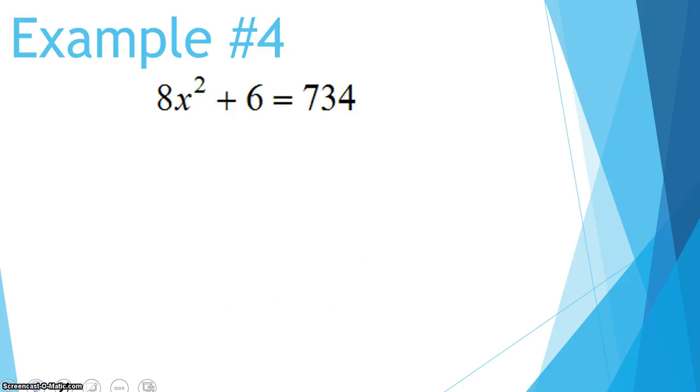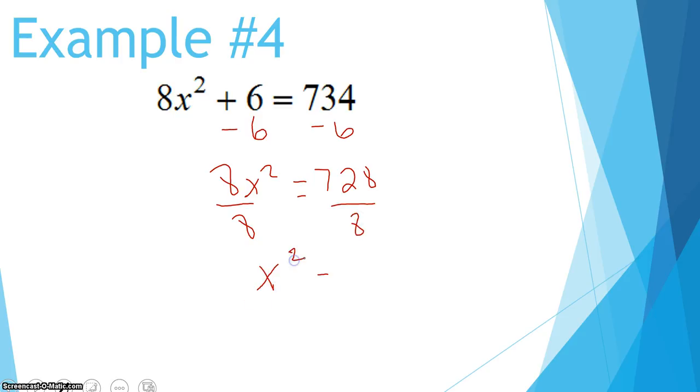Well, let's try one more. Here, for 8x squared plus 6 equals 734, we're going to subtract 6 first. We get 8x squared equals 728. Now we're going to divide both sides by 8, and we're left with x squared equals 91.